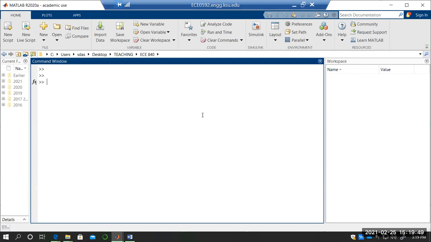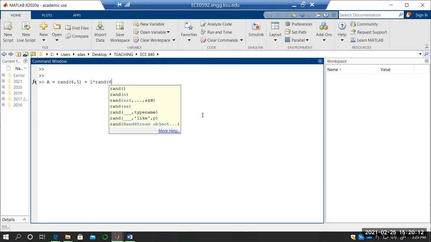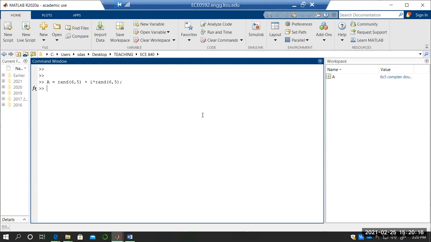Okay. So let's take A equals rand(6,5) plus i times rand(6,5), where i is the square root of minus 1.